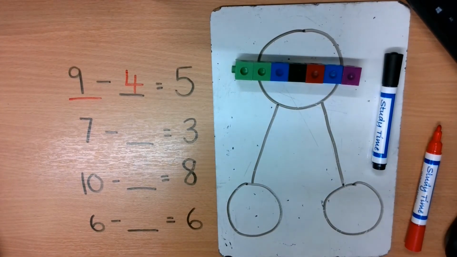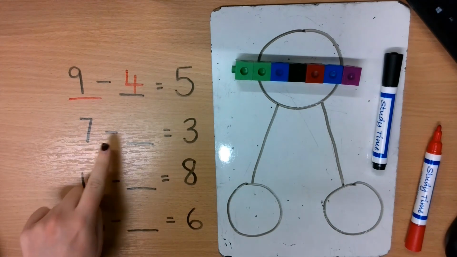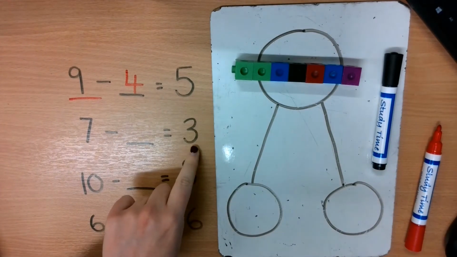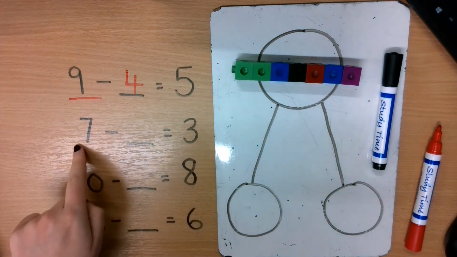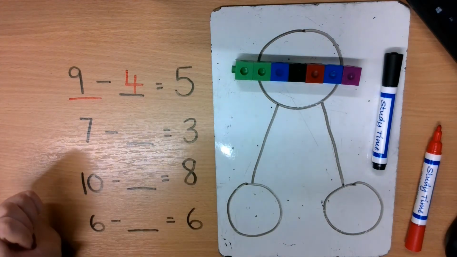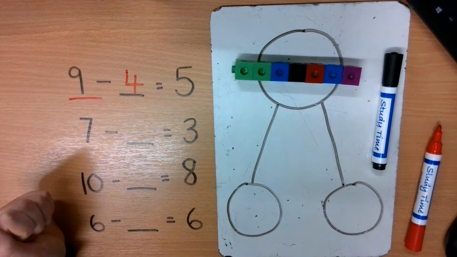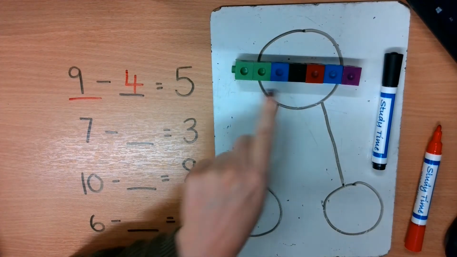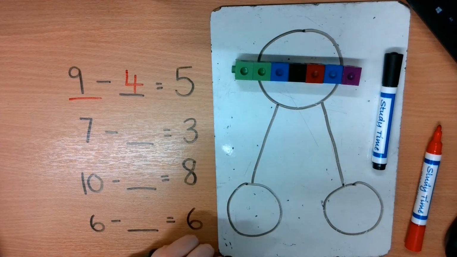The next calculation reads 7 subtract something equals 3. Now which of these numbers is my whole? Which number am I taking away from? You're right, it's 7. So you're going to need 7 cubes at the top of your part-whole diagram. Can you do that for me now?